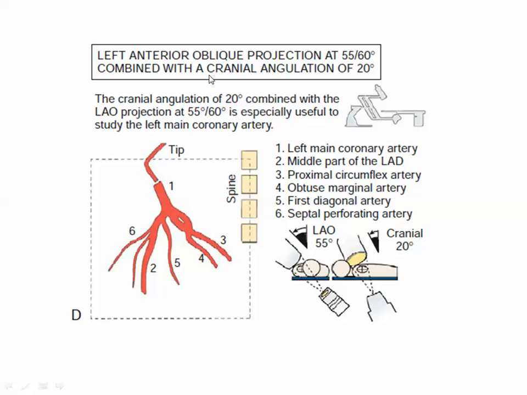Okay, so it's LAO cranial. So what are the walls? Septum, anterior, lateral, inferior. So what's this? LAD, yes. And what's this? LCX, and this is septal perforators, and these diagonals.